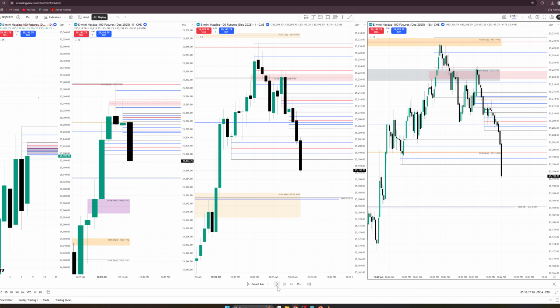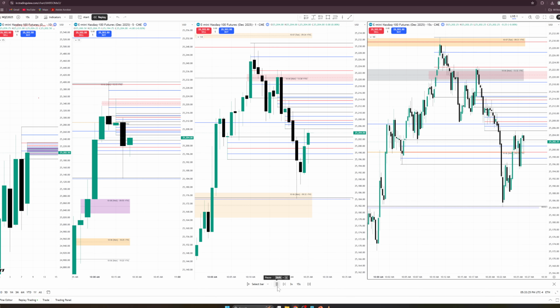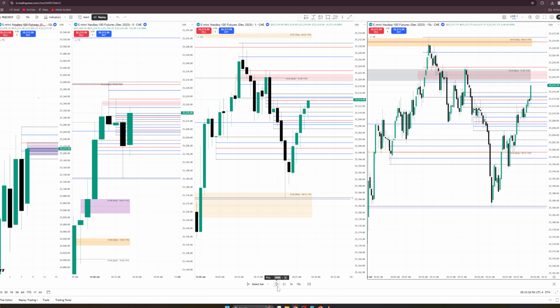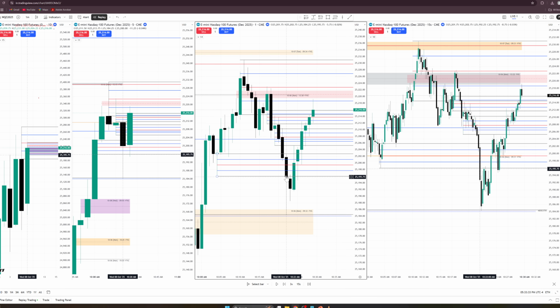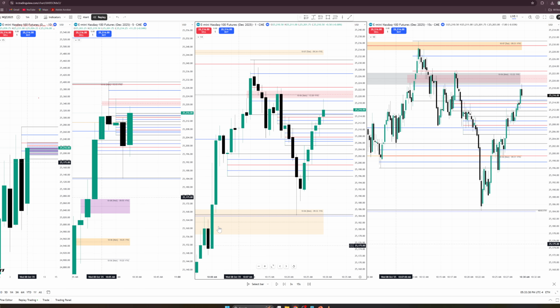Let me play this again. So you can see the reaction here, huge reaction. From this 1 minute fair value gap, inside this fair value gap, we were having this new day opening gap and low of this daily premium wick.